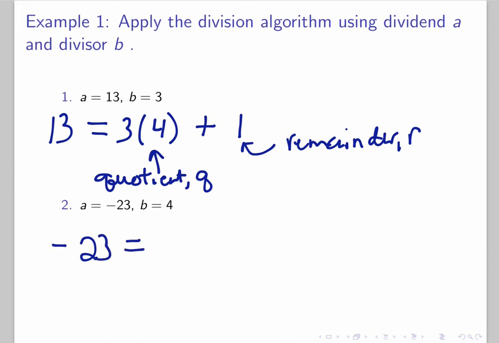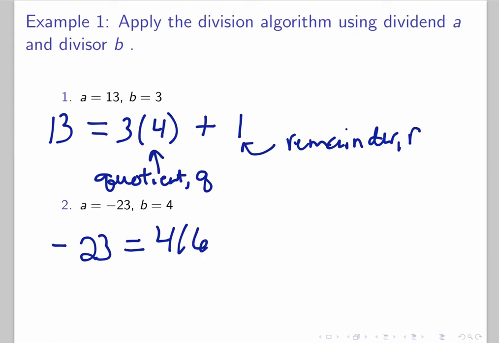Now let's try it with negative 23. If you remember from the previous slide, the remainder has to be non-negative. So we're not as used to dividing into negative numbers from elementary school, so you have to think a little bit about this one. But I'm going to have to add a positive number to a multiple of 4 in order to get negative 23. So I'm going to need to overshoot negative 23. I'm going to have to be more negative than negative 23. Then I can add something to get back to negative 23.